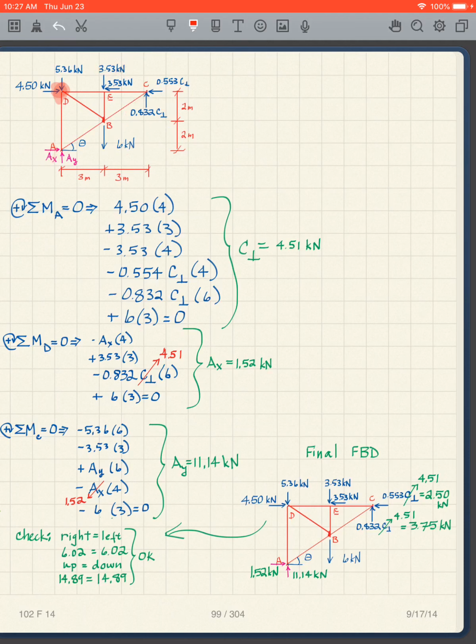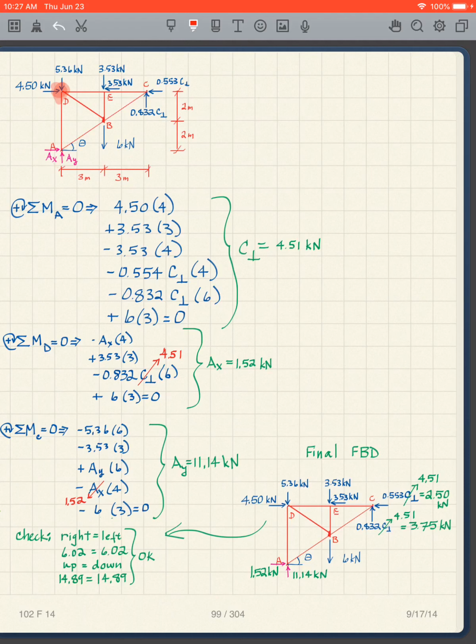I'm going to have 3.53 times 3, the 0.832 C perpendicular times 6, this 6 times 3, and my AX times 4.